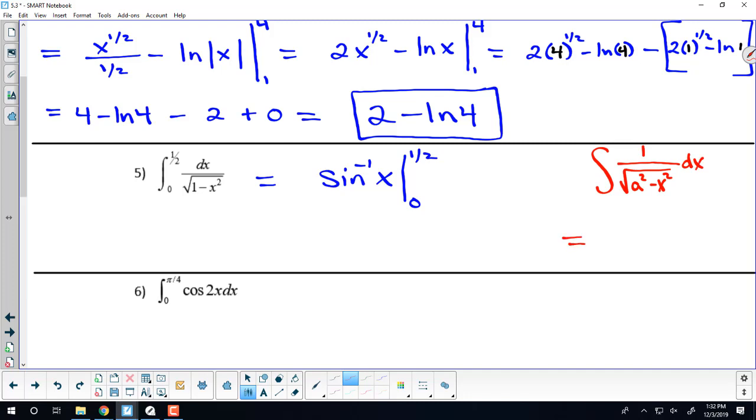What is the antiderivative of that? Inverse sine of x over a. So definitely worth remembering that.